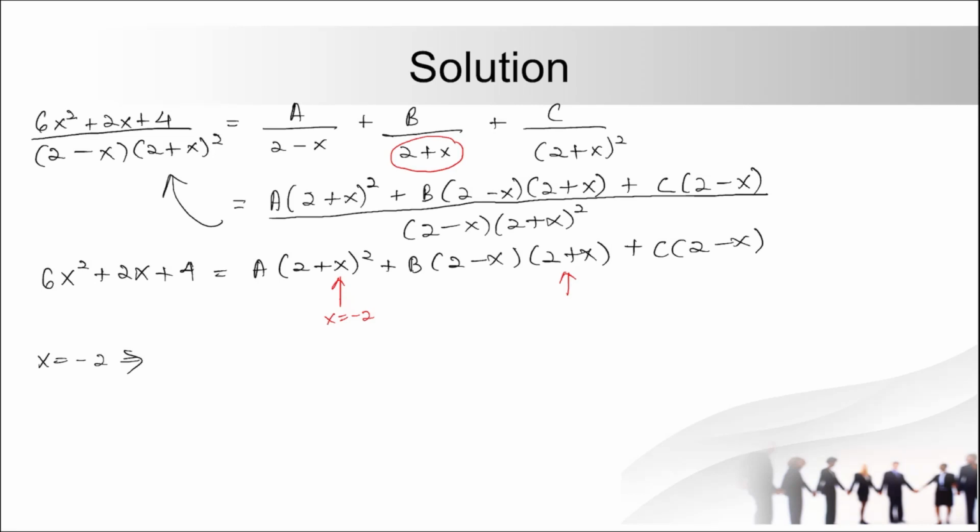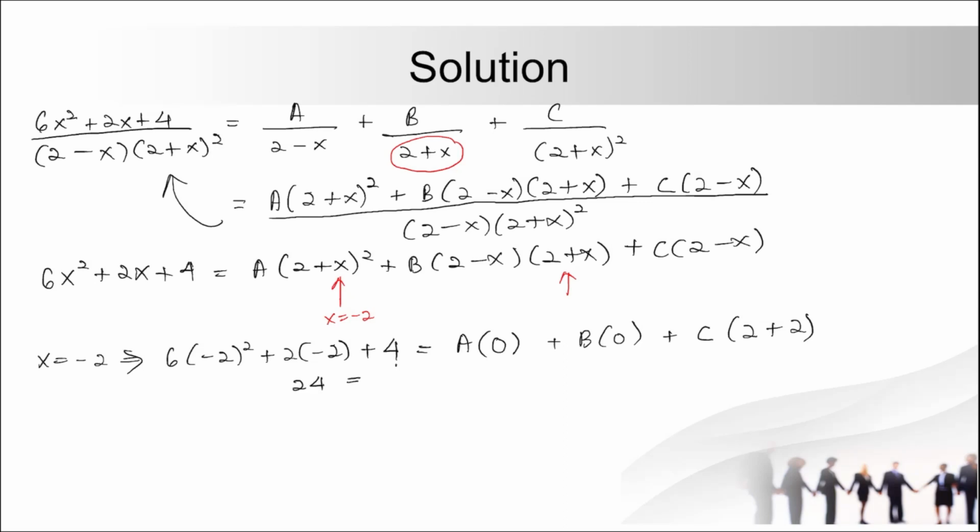When x equals negative 2, substitute in the equation on both sides. A times 0, B also 0, and we are only left with C. C is times 2 plus 2. Then if you solve this equation, you would have 24 equals 4C, then C equals 6.